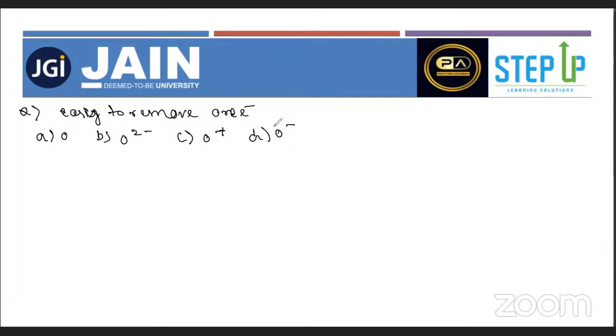From where will removing one electron be easier?